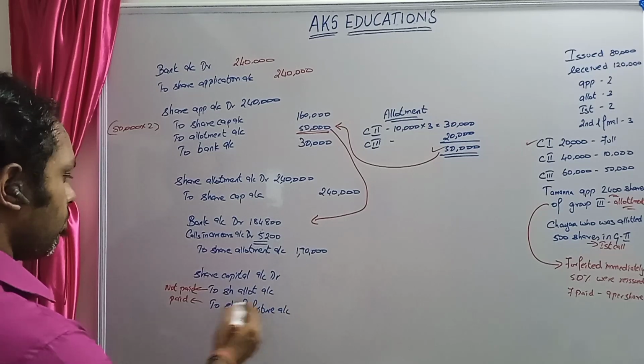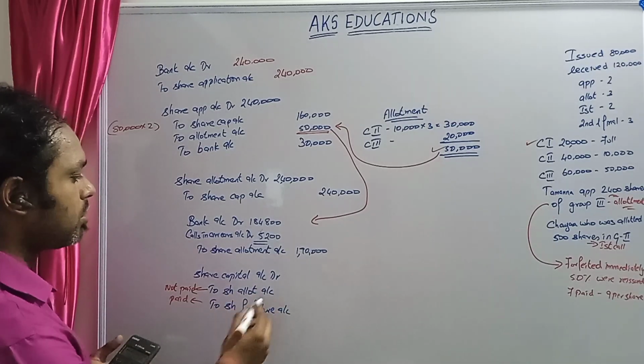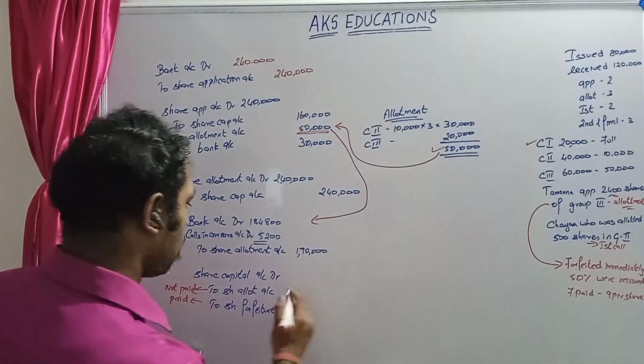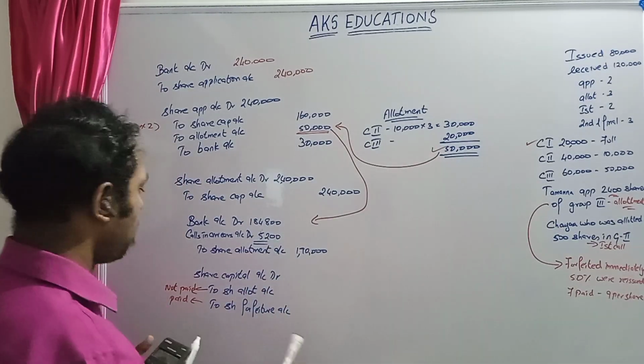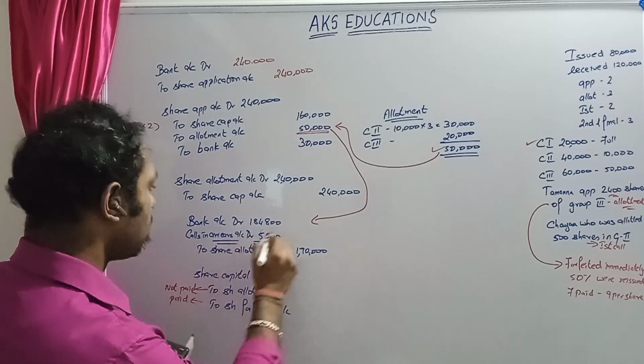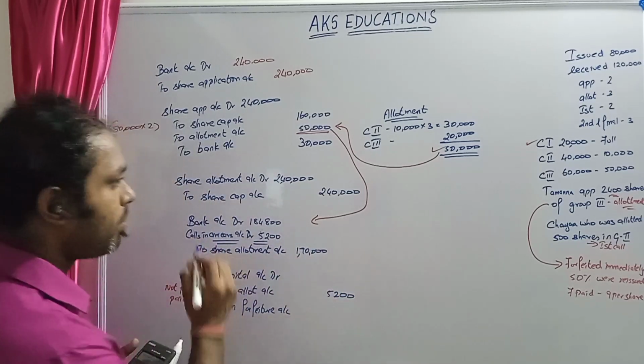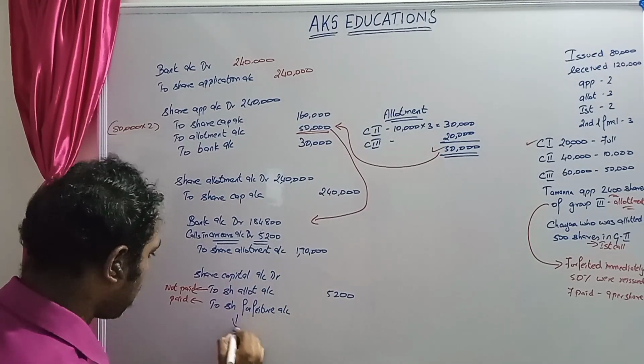Okay. So allotment, how much is not paid? Obviously you can take it directly, which is 5,200. 5,200 can be taken directly because calls in arrears, you can just transfer it. So which is 5,200. Okay, how much is forfeited? So we'll just take the forfeited content.